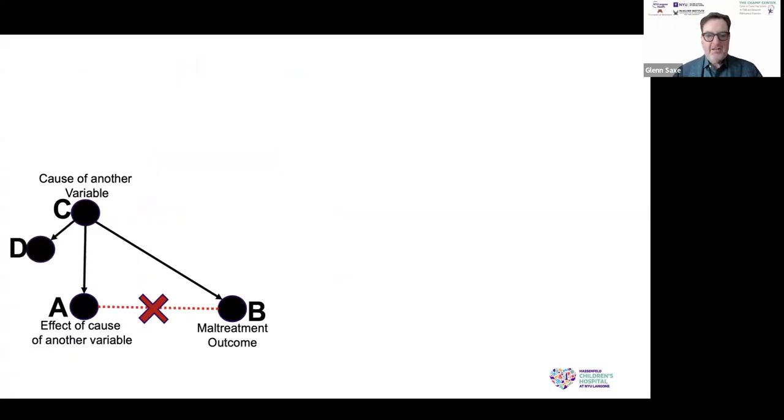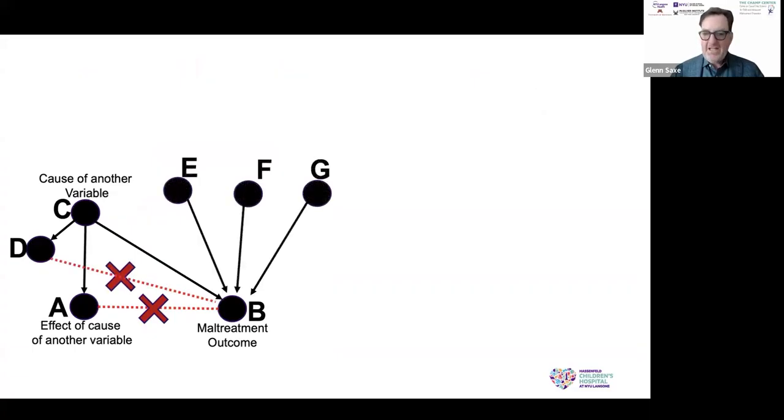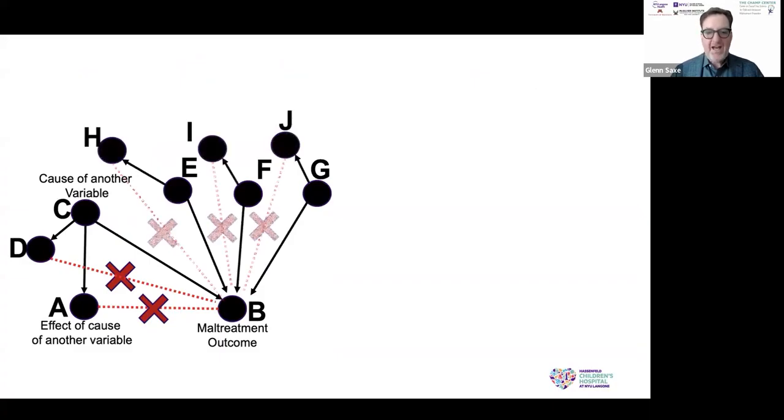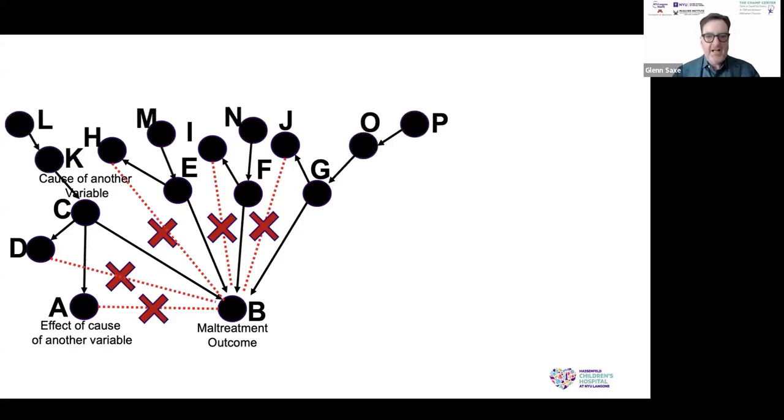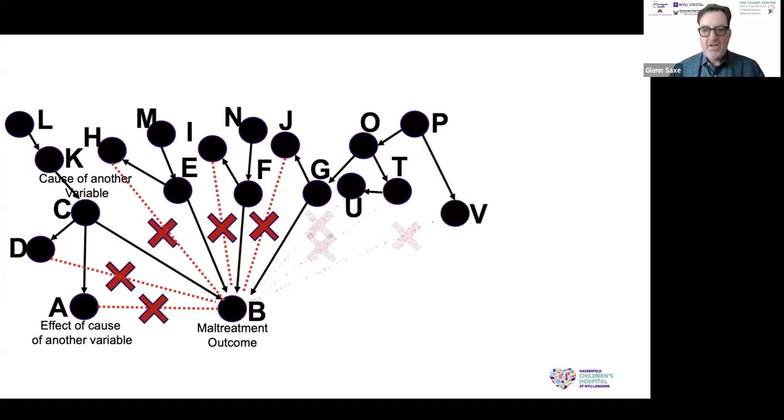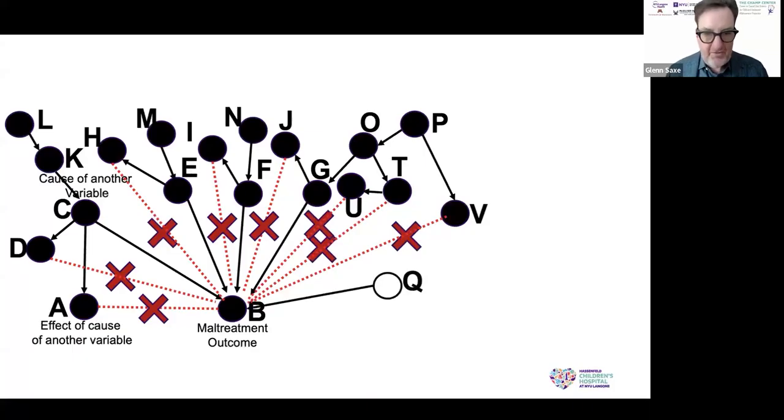So any effect of this cause, maybe it's a survival circuit. We've already talked about that. Any of these other causes, E, F, and G, any of their effects. So if we're reading correlational studies in our observational literature, any of that, and then any of the upstream causes, all of these are confounded.